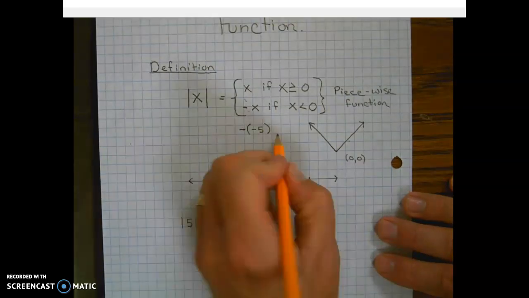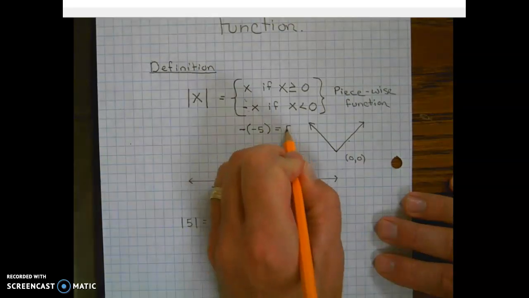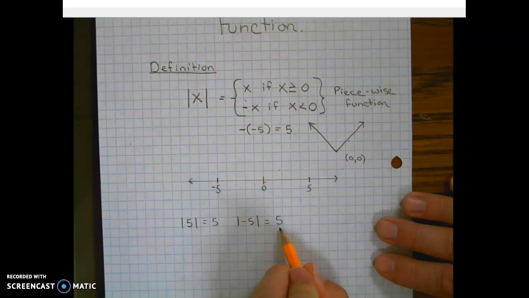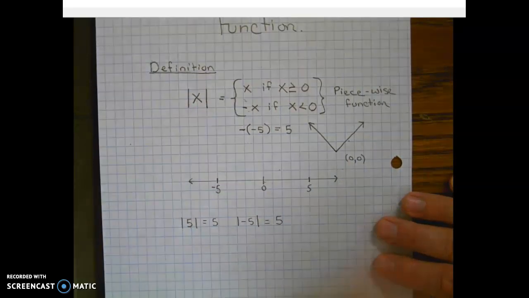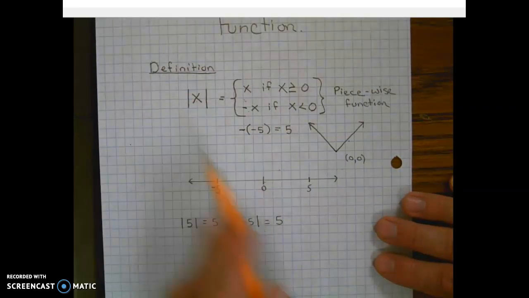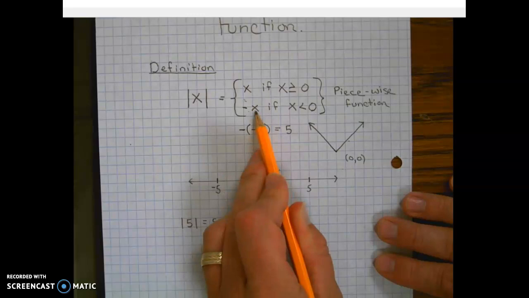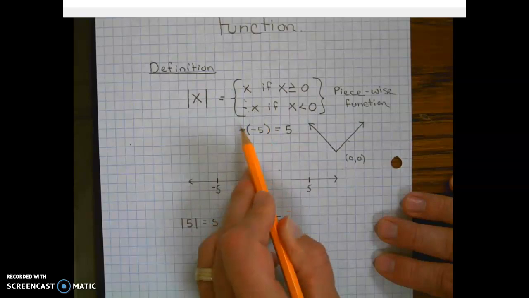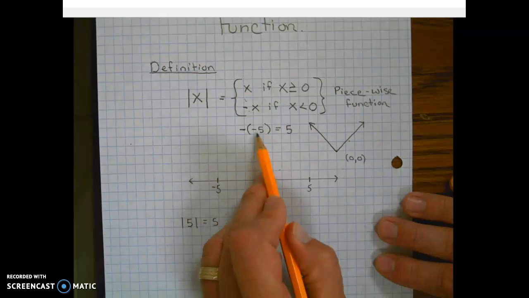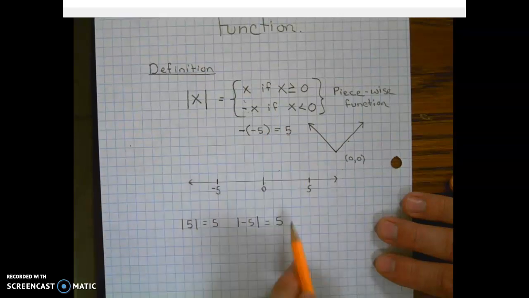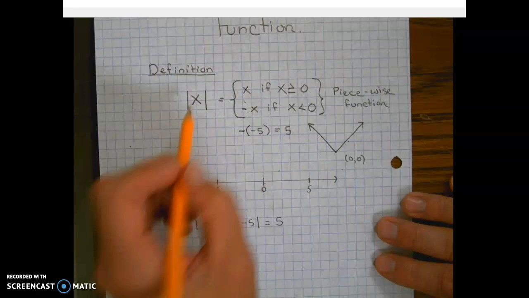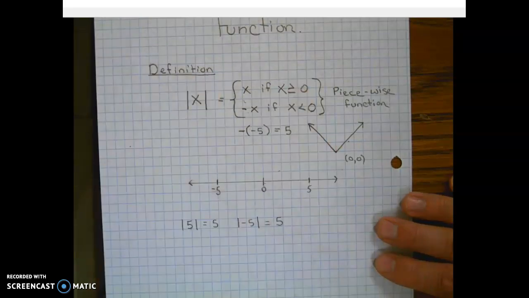And so that's how we get an answer of +5. So our negative x values, the numbers to the left of 0, get put into this algorithm, and so we end up having a negative of a negative number, which makes a positive number. So this is going to be a very important definition that we are going to be using going forward.